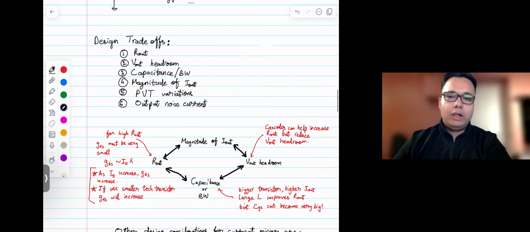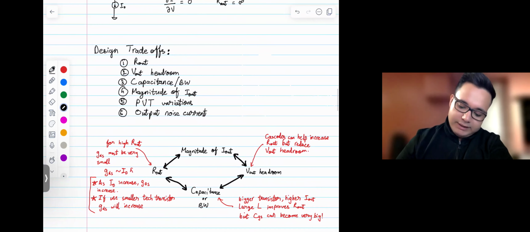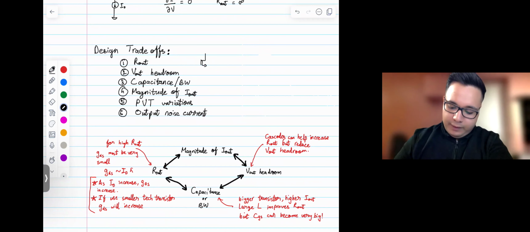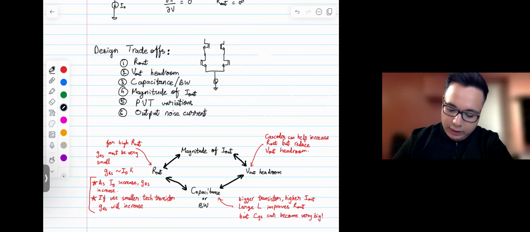Now you might think, well, current mirrors are low bandwidth circuits. True, but what if you have an active current mirror? For example, the first stage of a 5-transistor OTA, right? You would have something like this, and then you would have this current mirror on top. And it doesn't have to be a PMOS, it could be an NMOS current mirror as well, depending on how you design the first stage.